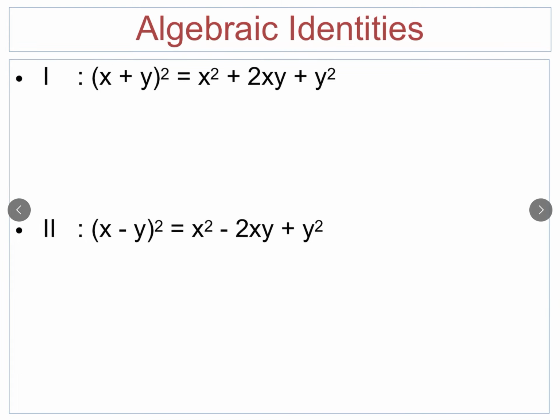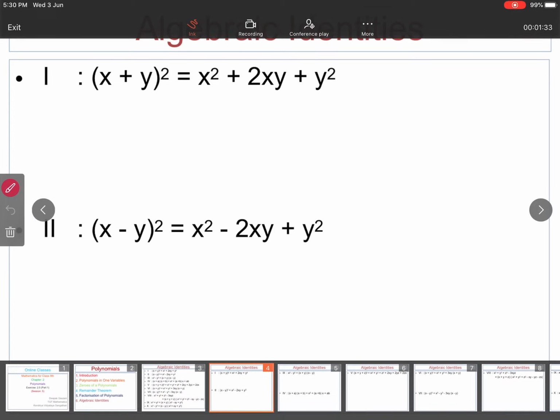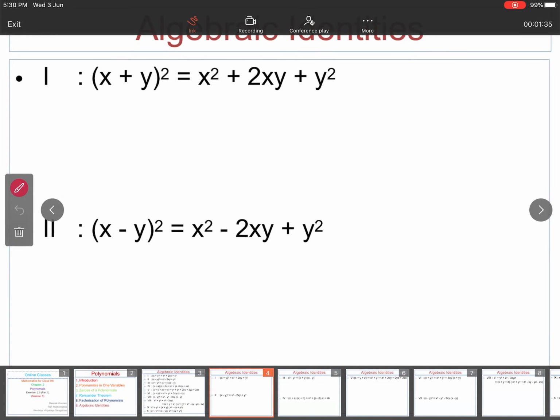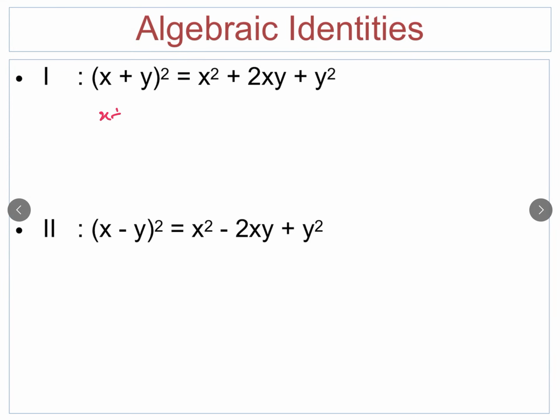First we have (x plus y) whole square, which is equal to x square plus 2xy plus y square. We can write (x plus y) whole square as (x plus y) into (x plus y).